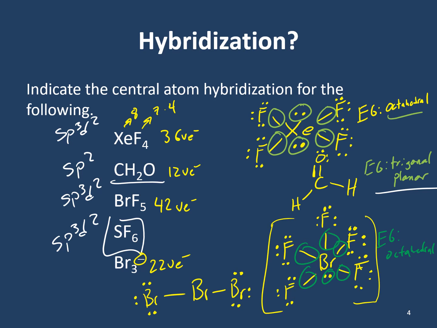I have 6 more to go. Those 6 have to go on my central atom. This molecule has 1, 2, 3, 4, 5 groups, meaning it has sp3d hybridization because it's a trigonal bipyramidal structure.